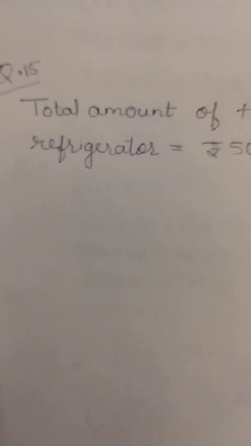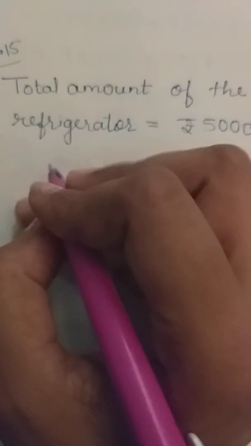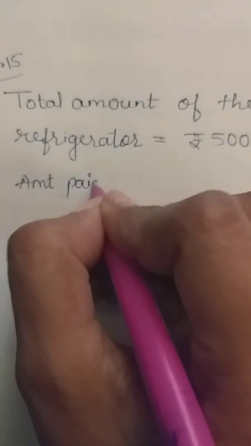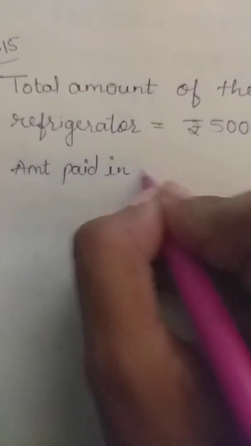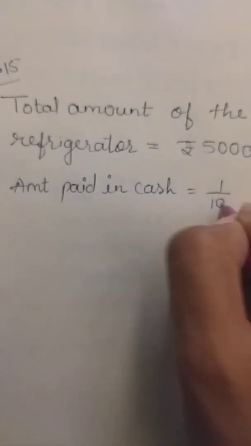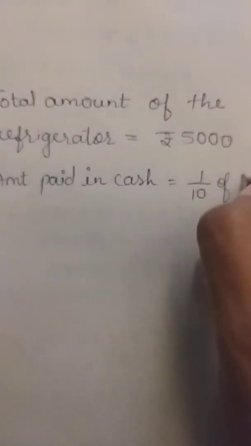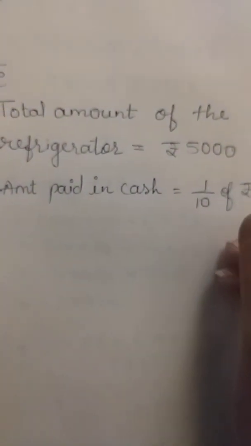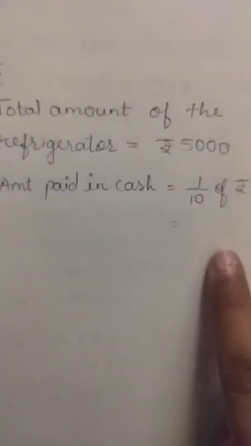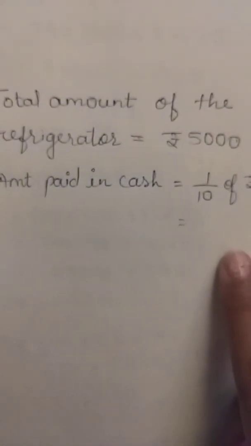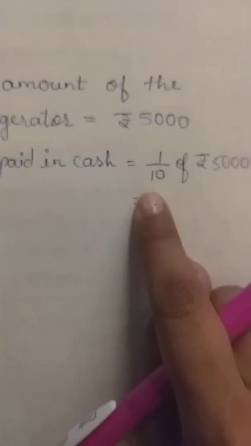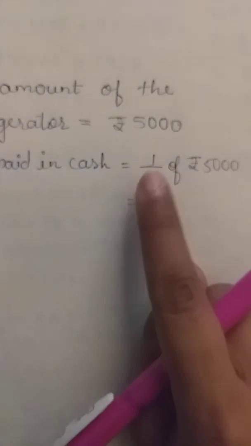Now the amount paid in cash is 1 by 10 of rupees 5,000. In the question it was written, he paid 1 by 10 of the price in cash.